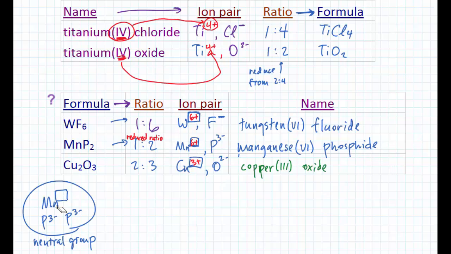That's one way of doing it. You can do it written out a little bit. If I have 1 of those manganese ions, and I have 2 of those P3 minus ions, we know that 2 of those 3 minus makes 6 minus total. We know that we're going to need 6 plus total for it to be neutral.